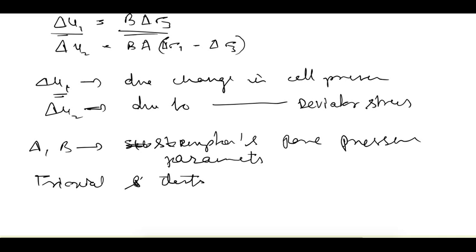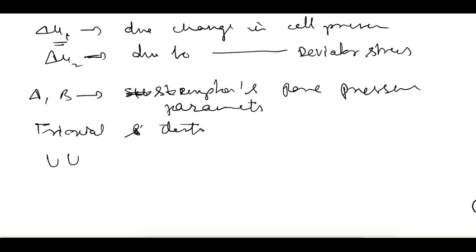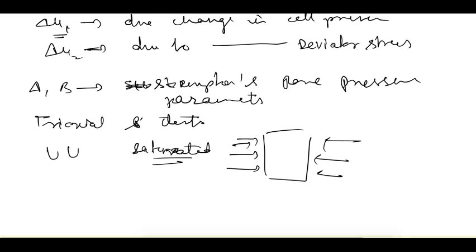So if we conduct the unconsolidated undrained test, when we apply the cell pressure, we are talking about the saturated clay or the saturated soil here. When we apply the cell pressure and if this soil is saturated, we know that this change in pore pressure is equal to change in cell pressure.